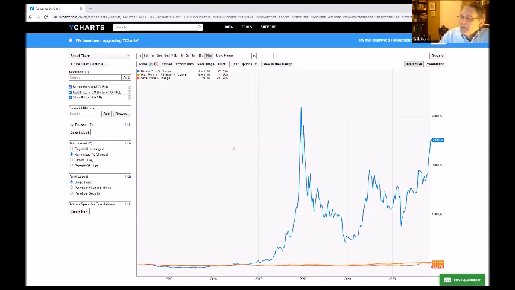Interest rates are basically the price of money in the future. What are you willing to pay or receive to get dollars later? And so it is a big economic factor.